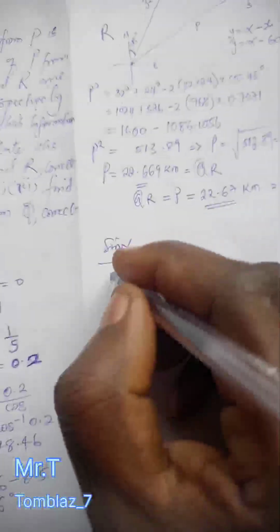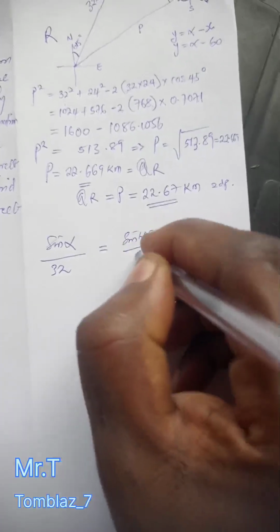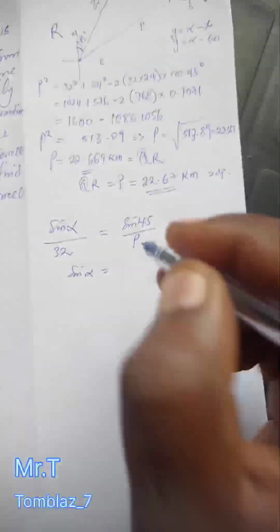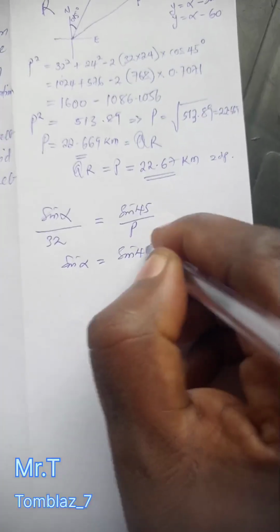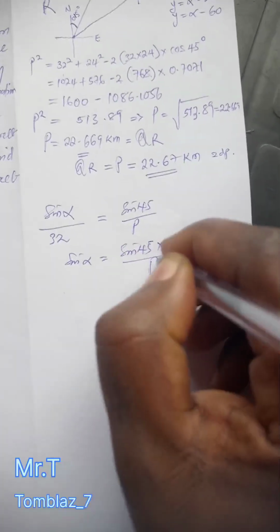How do we get alpha now? We say sine alpha divided by 32 is equal to, let's use this one that we know, sine 45 all over p. So sine alpha will be equal to sine 45 times 32 divided by p.